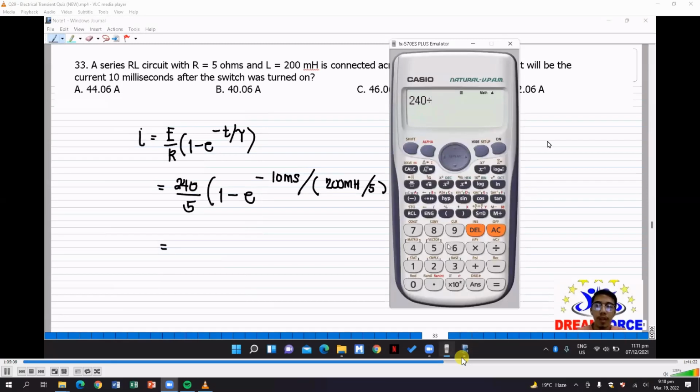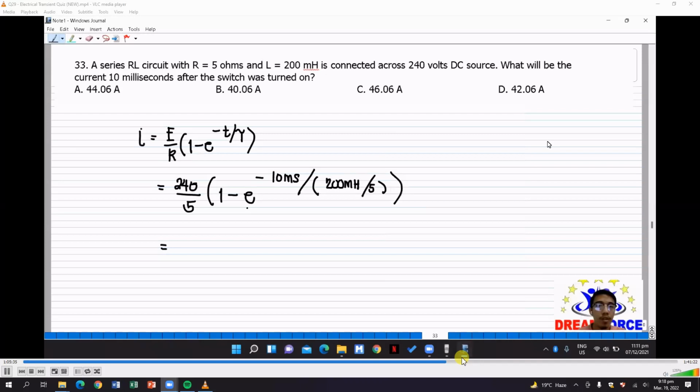Yeah, that is 240 divided by 5 multiplied by 1 minus E raised to negative 10 milliseconds over 200 milliseconds divided by 5. So 10.62 amperes. What is the choices?